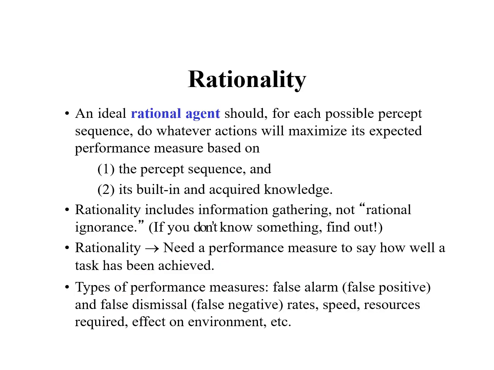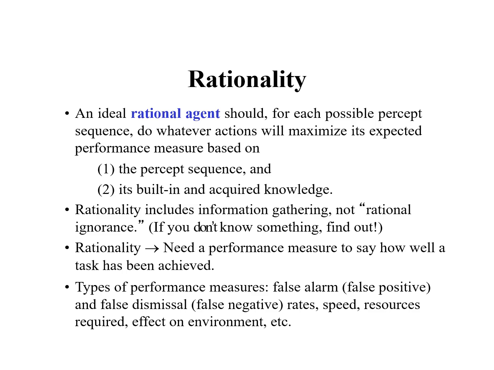In this session, we will be talking about rationality. An ideal rational agent should, for each possible percept sequence, do whatever action will maximize its expected performance measure based on the percept sequence and its built-in and acquired knowledge, which means for any task provided, using the percept sequence and the acquired knowledge that is already built in, it will maximize the performance.